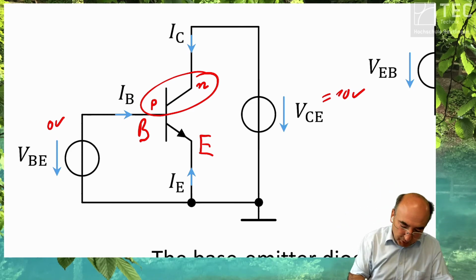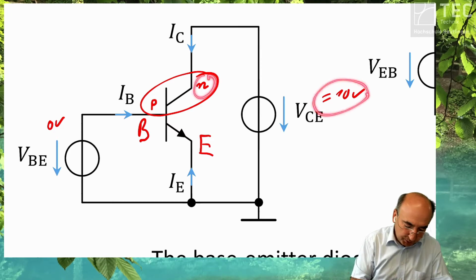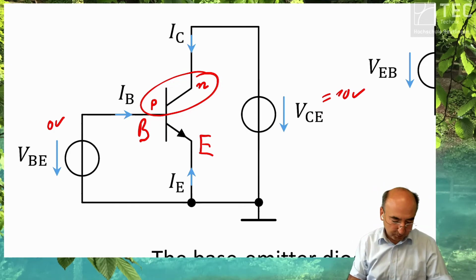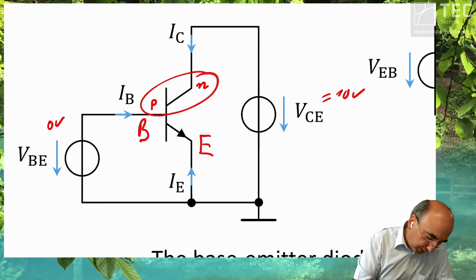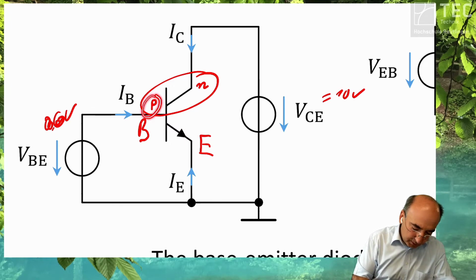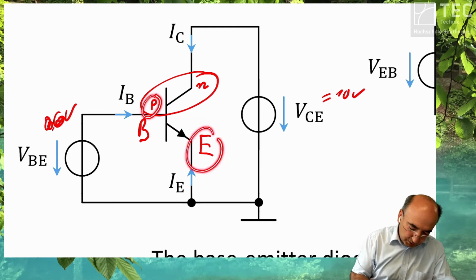Sorry. So you have at the N type, a higher voltage compared to the P type. So this diode is reverse polarized. Okay, now let's polarize it a little bit different. Let's say 0.6 volt. So the P type towards the emitter, it's the N type.